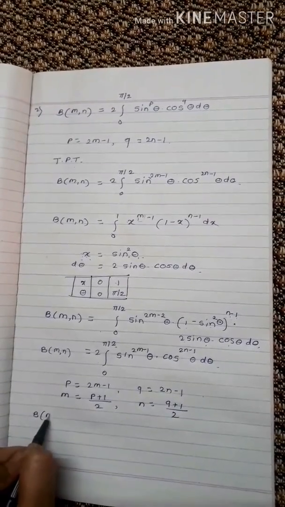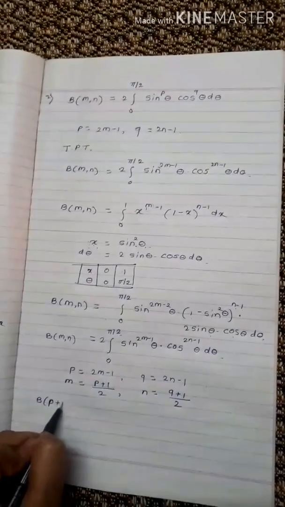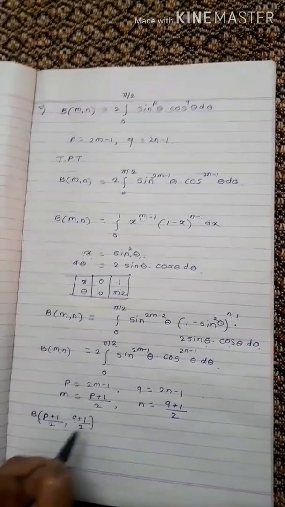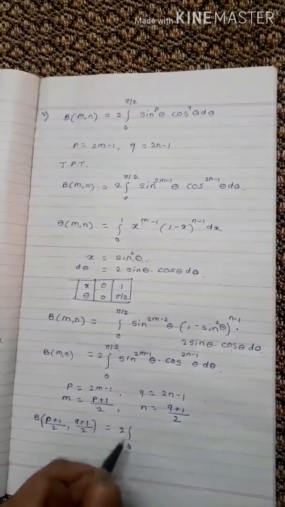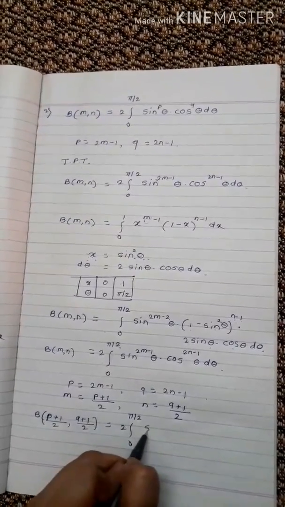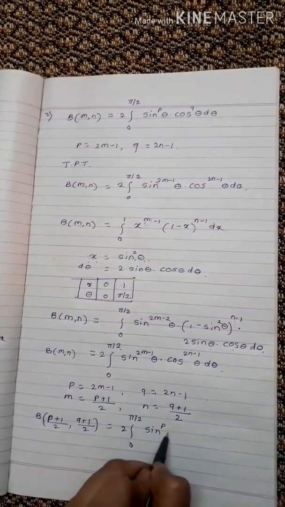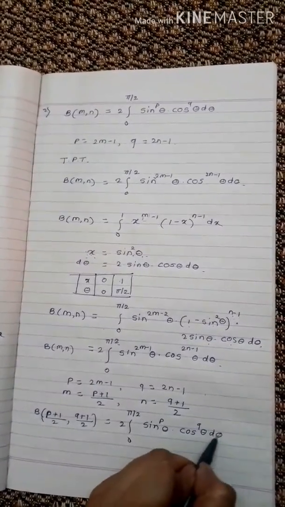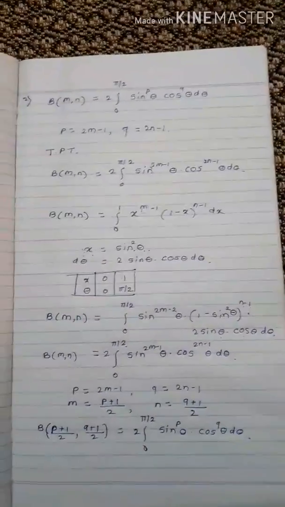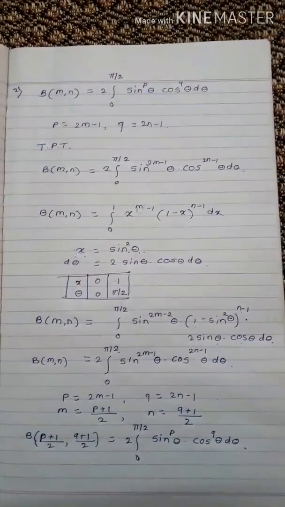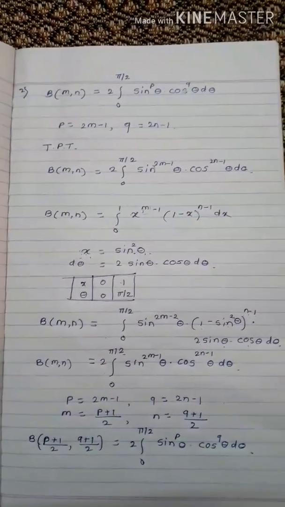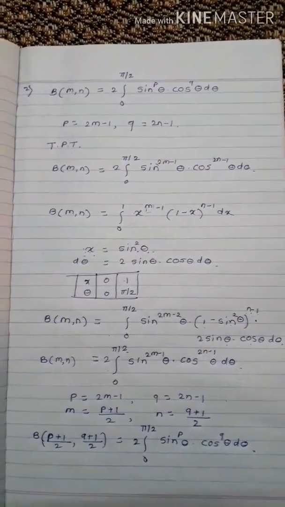I can rewrite the definition as beta of p plus 1 by 2 comma q plus 1 by 2, which is equal to 2 times integral from 0 to pi by 2 of sine raised to p into cos raised to q theta d theta. And that's it. So this is my required definition. Whenever the given integral is in terms of sine theta and cos theta, we are going to use the same thing.